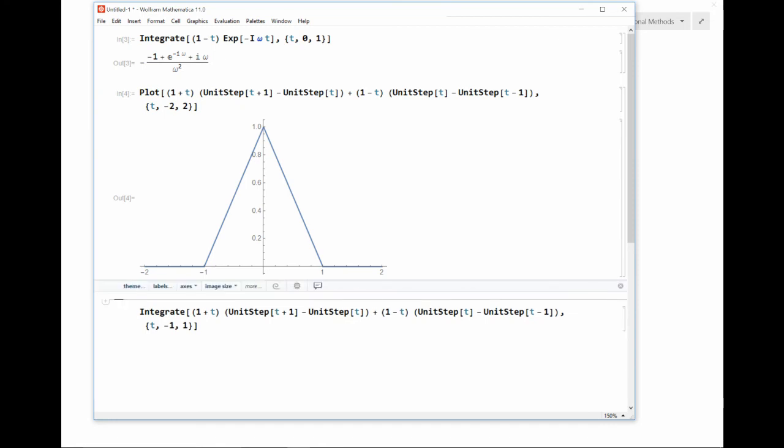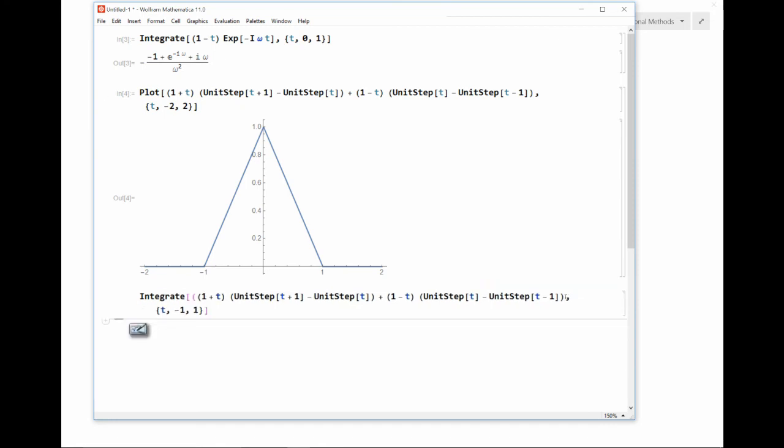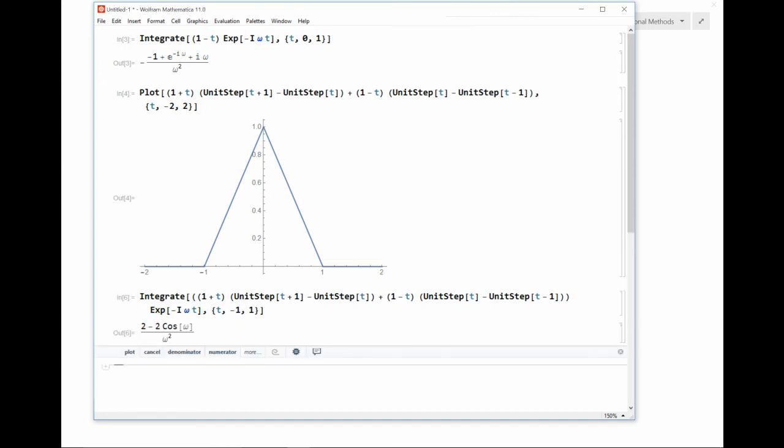So this is the function I'm integrating. The last thing I need to add to this integral is the exponential term, so minus i omega t. And voila, we get the result.